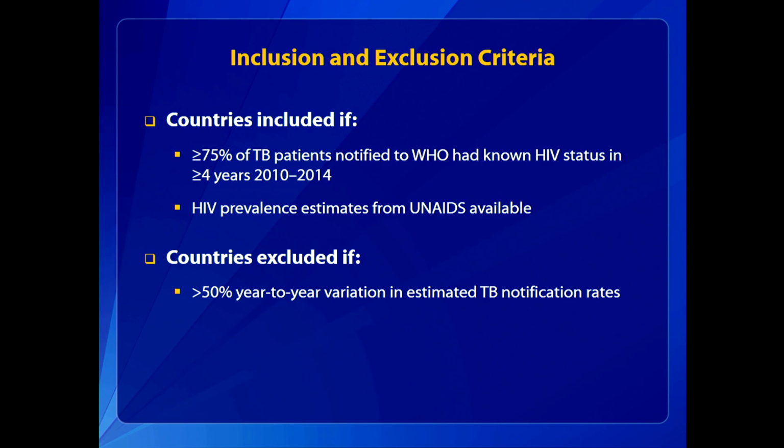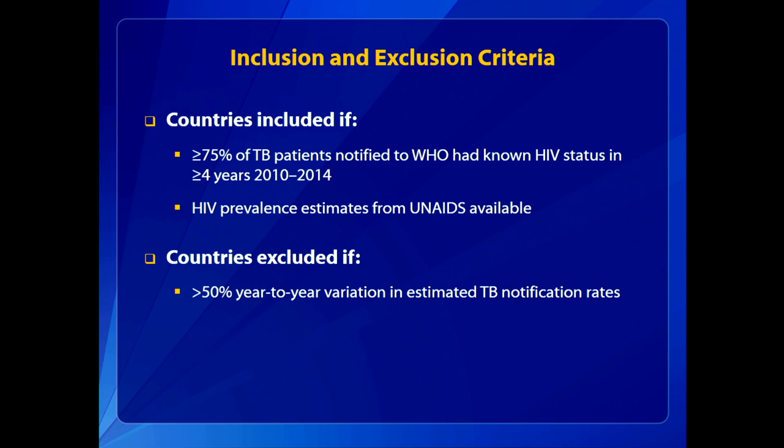Countries were included in this analysis if at least 75% of TB patients notified to WHO had known HIV status during at least 4 years from 2010 through 2014, and HIV prevalence estimates from UNAIDS were available during those years.